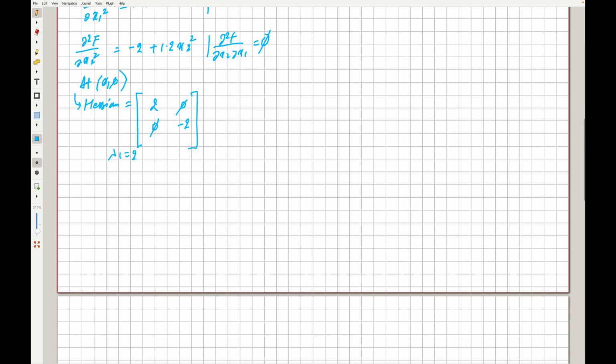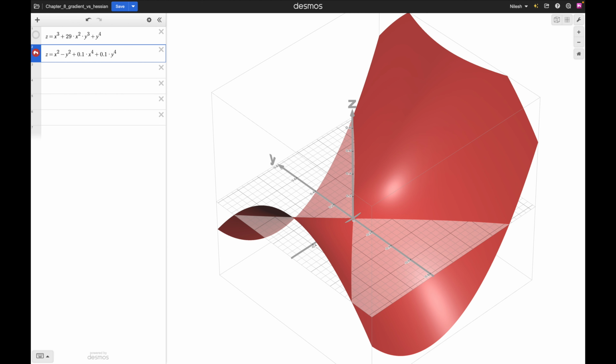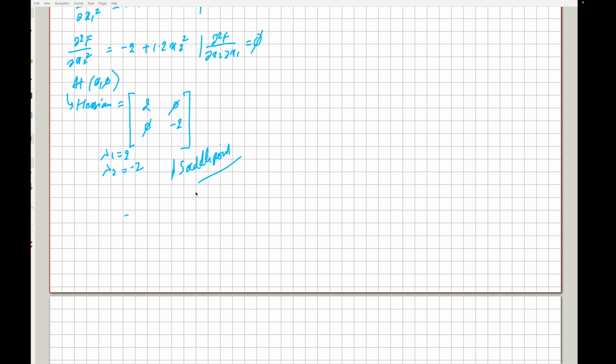Lambda 1 is equal to 2, lambda 2 is equal to minus 2, and this immediately tells us that it is a saddle point. What I mean by saddle point is that there is a direction along which, if we walk at that point, we go uphill, and there is another direction at the same point along which we go downhill. So the gradient is zero, but there exists a downhill direction, and gradient alone cannot see this.